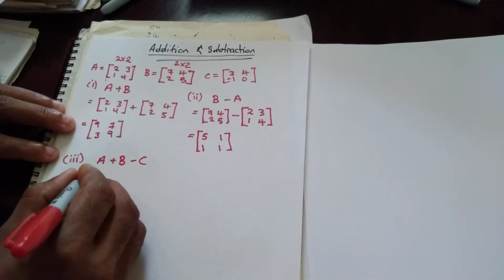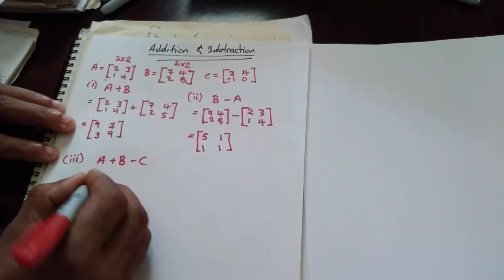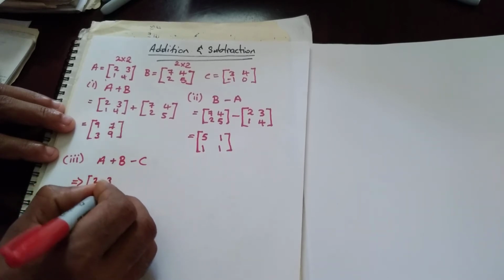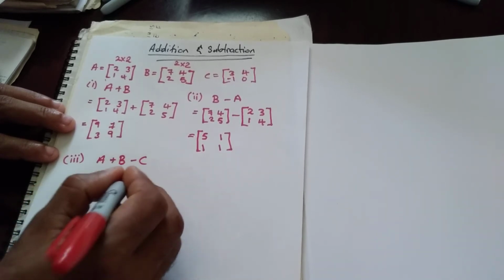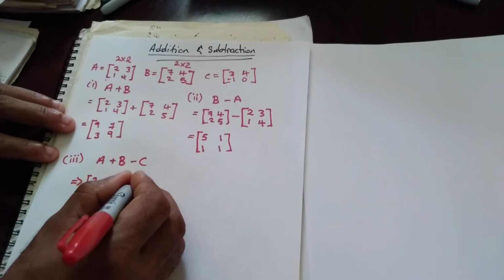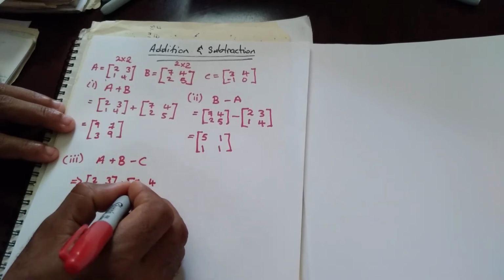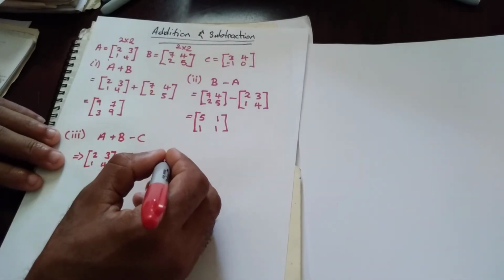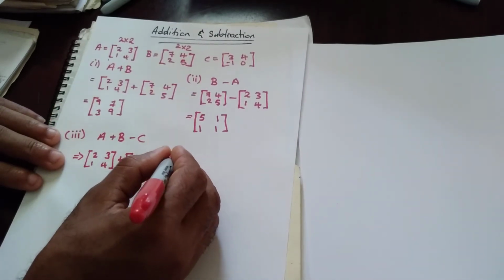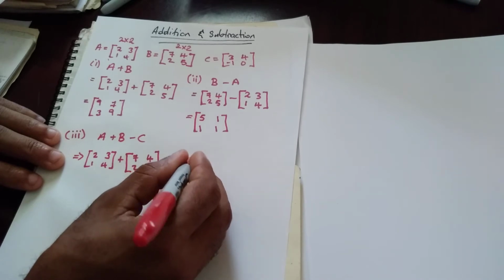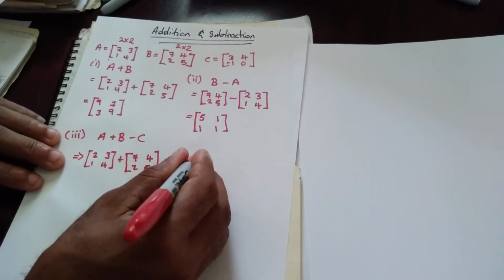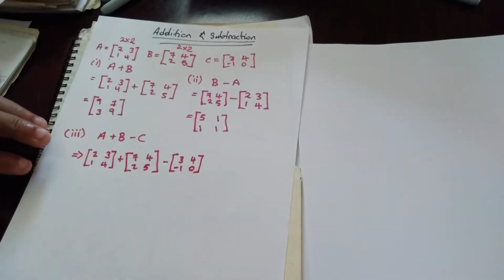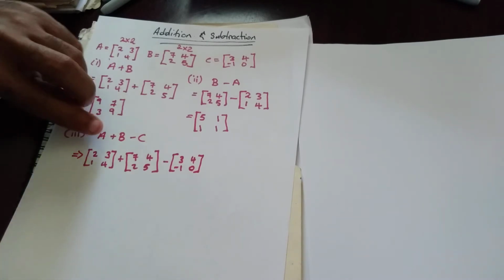So matrix A is 2, 3, 1, 4, plus matrix B is 7, 4, 2, 5, minus matrix C is 3, 4, minus 1, and 0. Now, what you could do is just add the corresponding values.